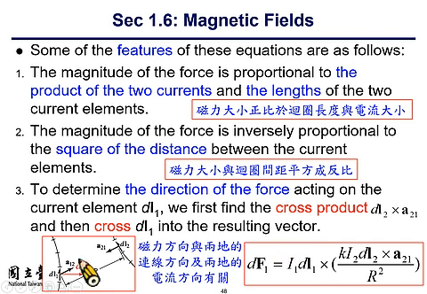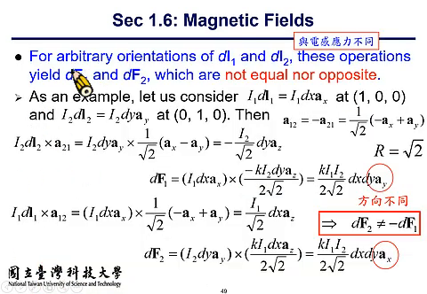For example, dF1, the force from the current on dl2 acting on dl1, is pointing to the right, like the red arrow. For arbitrary orientation of dl1 and dl2, this operation yields dF1 and dF2, which are not equal nor opposite. Their directions are not necessarily opposite.